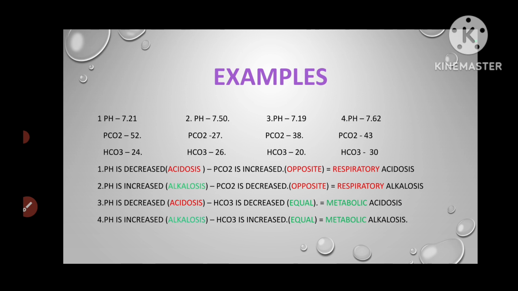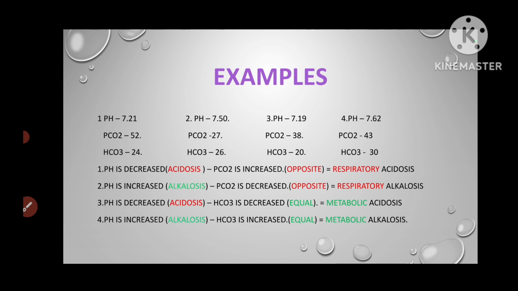Now we want to know whether it is respiratory or metabolic. We will check the other values. Here the PCO2 value is 52, which is greater than the normal value of 35 to 45. Now we will compare both PCO2 and pH value. Here pH value is decreased and PCO2 value is increased, which indicates that both are in opposite direction.